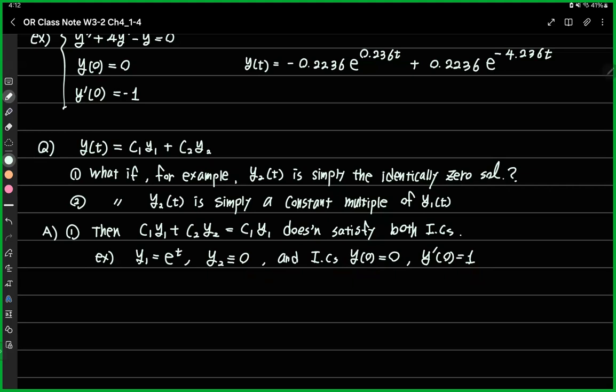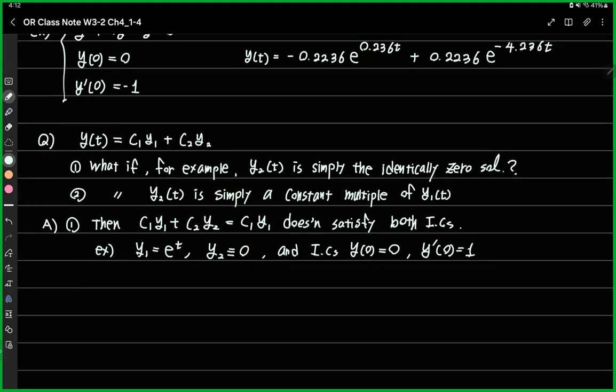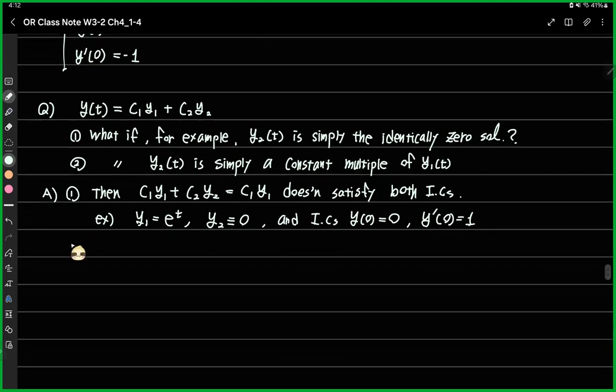You see that? Y of 0 is 0, then C1 must be 0, right? But y prime 0 is 1, then C1 must be 1. It's a contradiction, right? The second one. So let's say this is the answer for the second question.